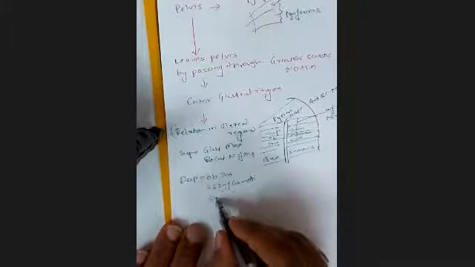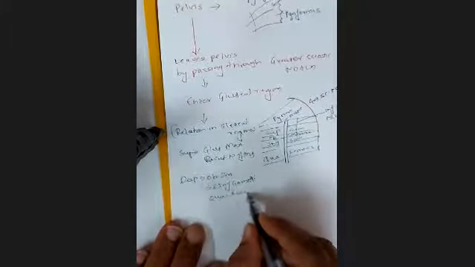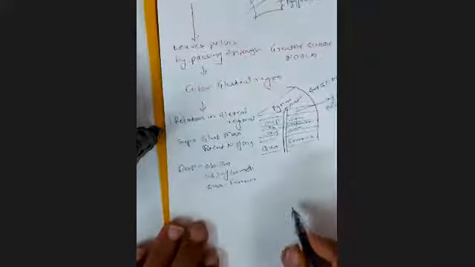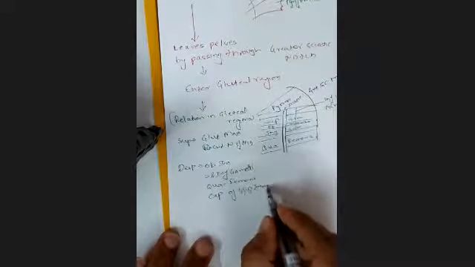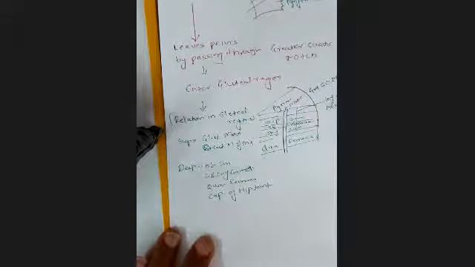Then quadratus femoris, and along with this, there is the capsule of the hip joint. That is how the hip joint, in case of posterior dislocation, may damage the sciatic nerve.